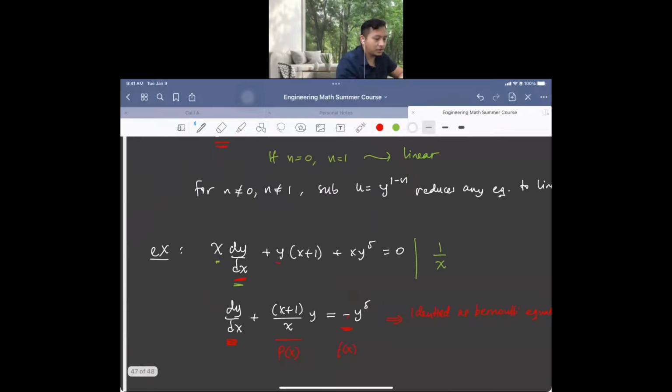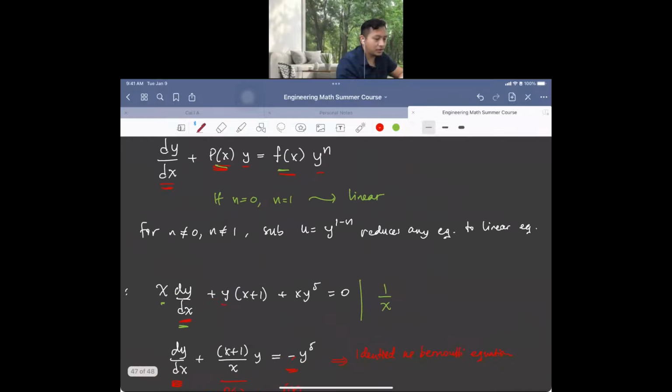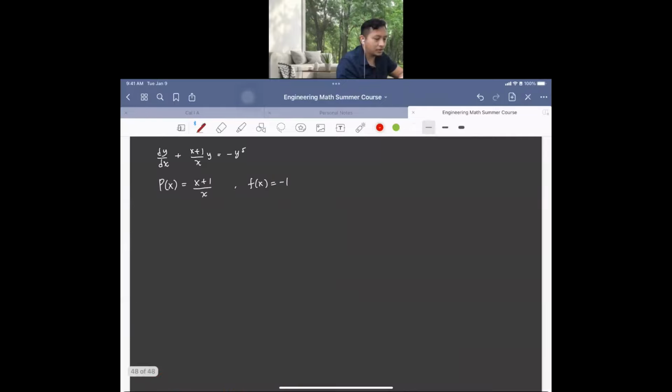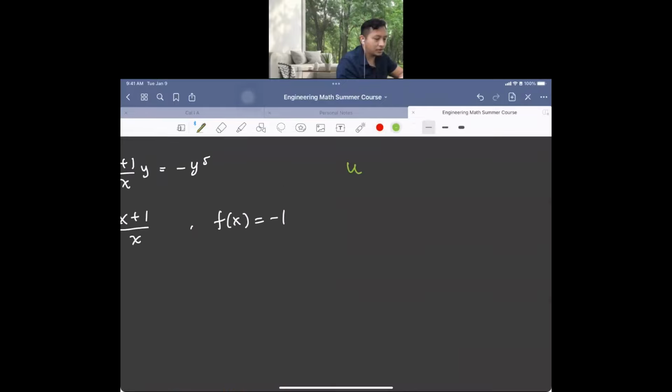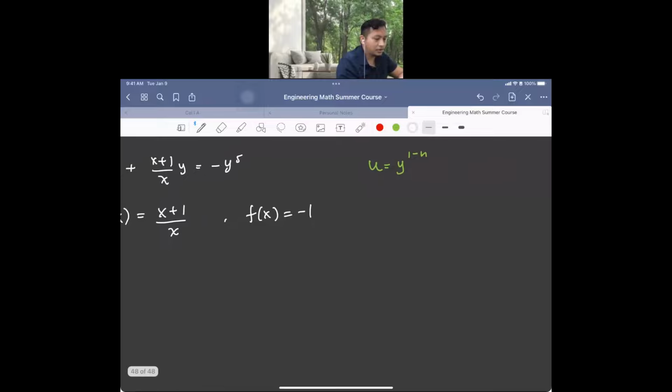So we substitute u equals y with power of 1 minus n.